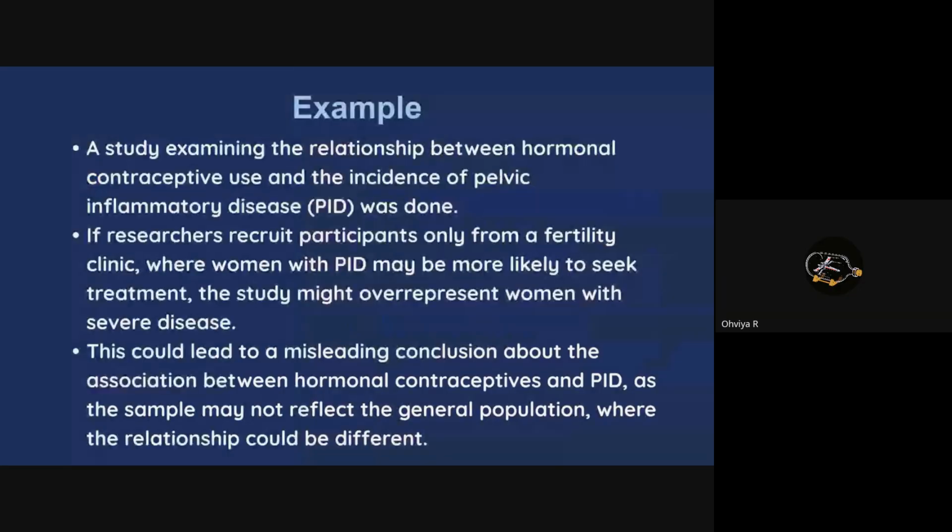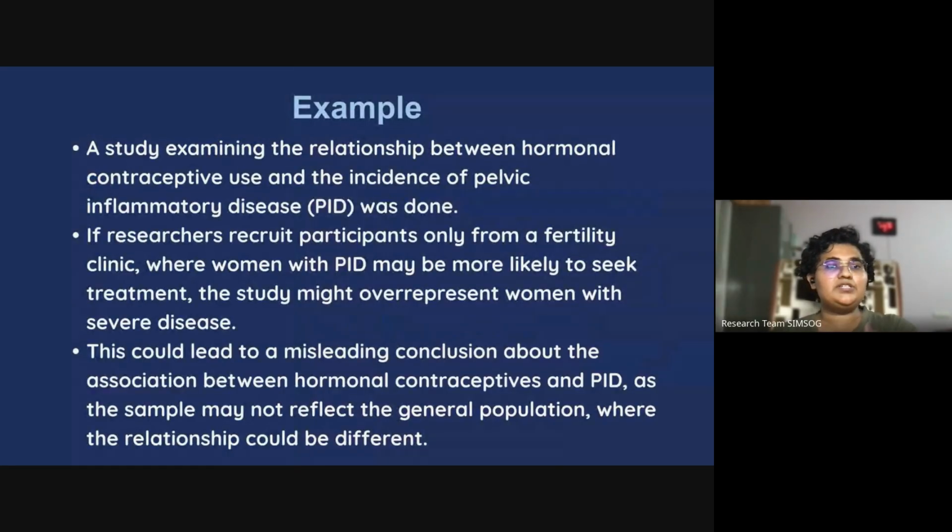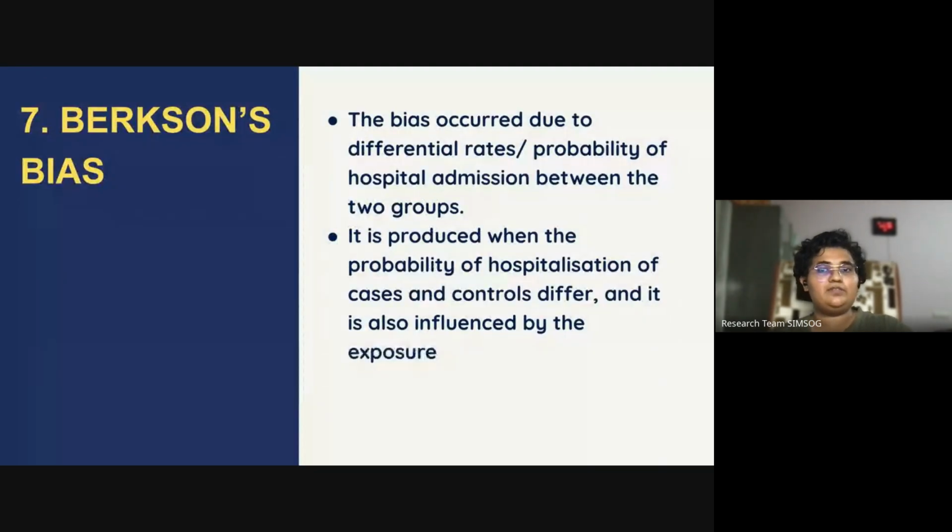We looked at the example of the relationship between contraceptive use and incidence of PID. If we only look at the patients in the hospital, then we will miss the chance of looking at the general population, which will also include patients who don't have such a severe disease of PID that they go to the hospital, or who don't have any PID at all. So that is Berksonian bias, or Berkson's bias.